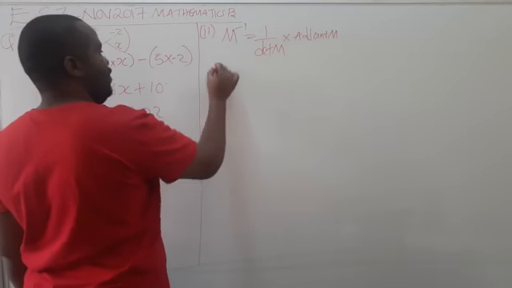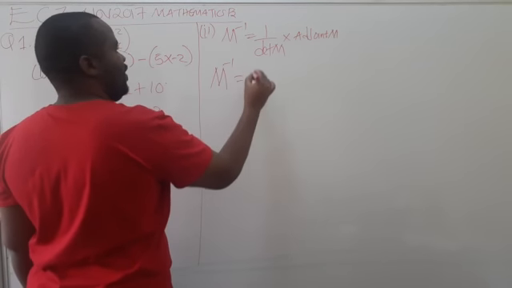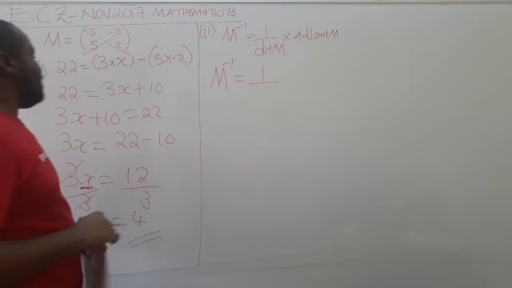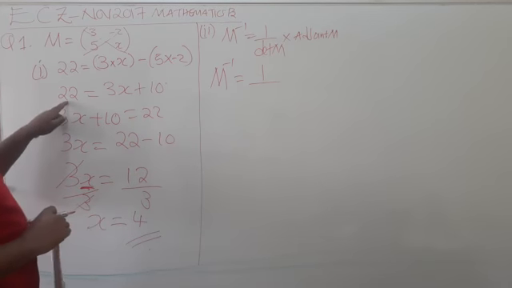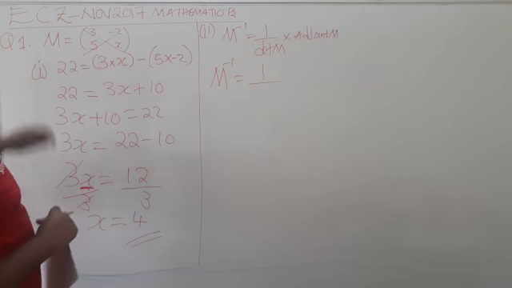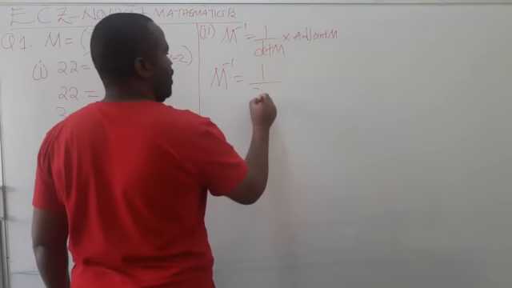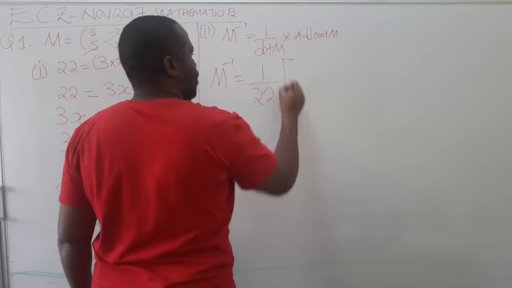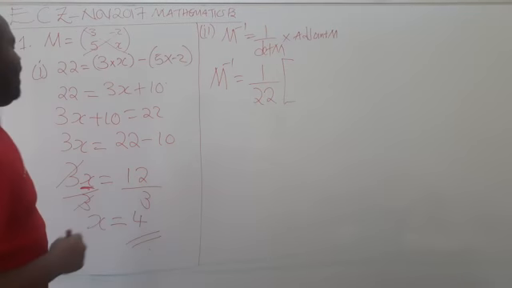So we're saying M inverse is 1 over, what is the determinant? We are saying the determinant is 22 and not x. In most cases we tend to make mistakes. So we get 22 and put it here, and say 1 over 22, with the bracket meaning we are multiplying.